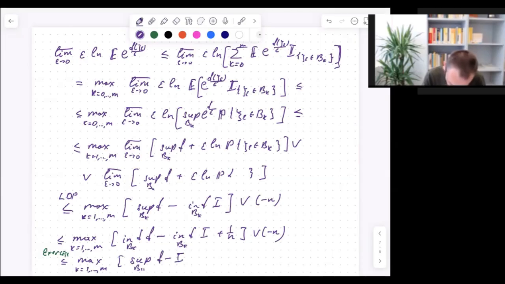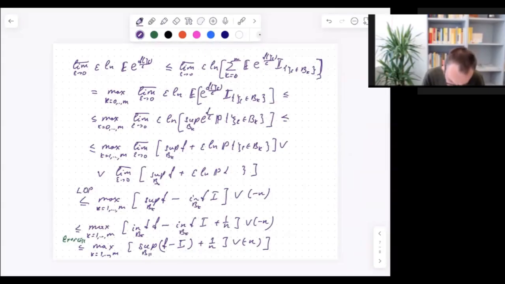Here you have, okay, it is I, and after that you have plus 1 over n, maximum with minus n. And then that supremum can be estimated by the supremum over the complete space here.